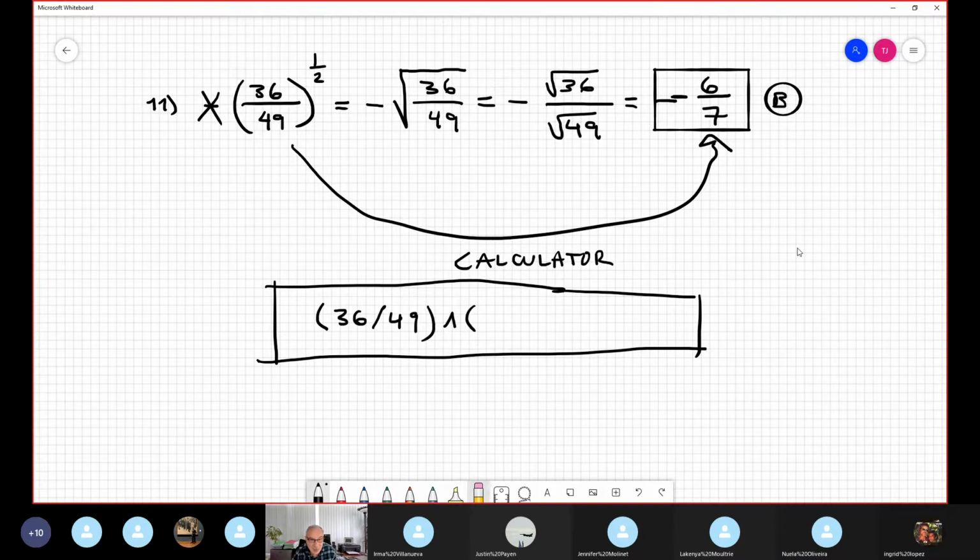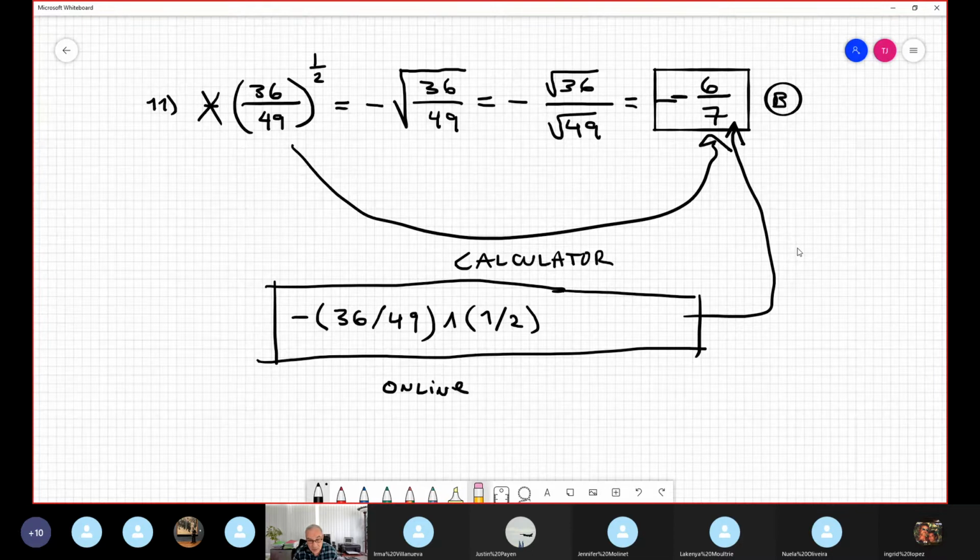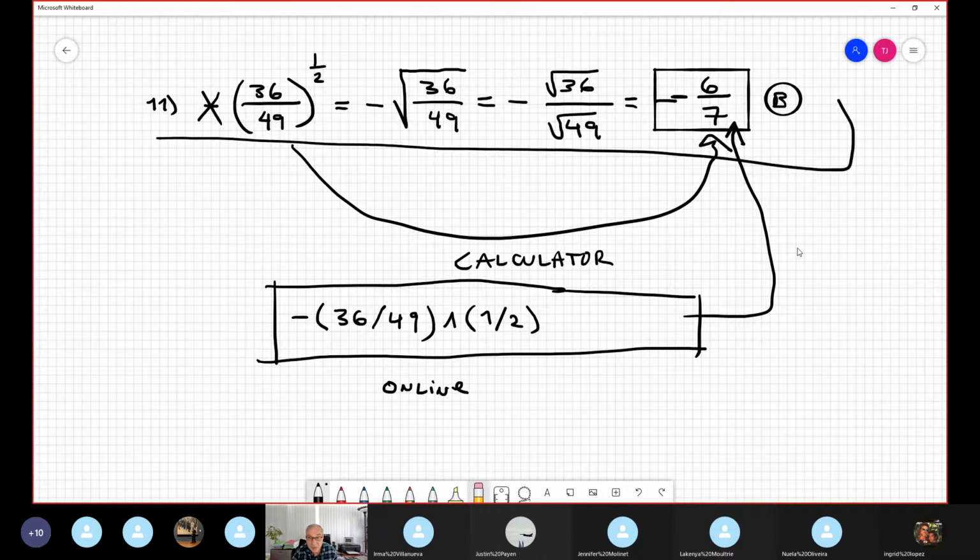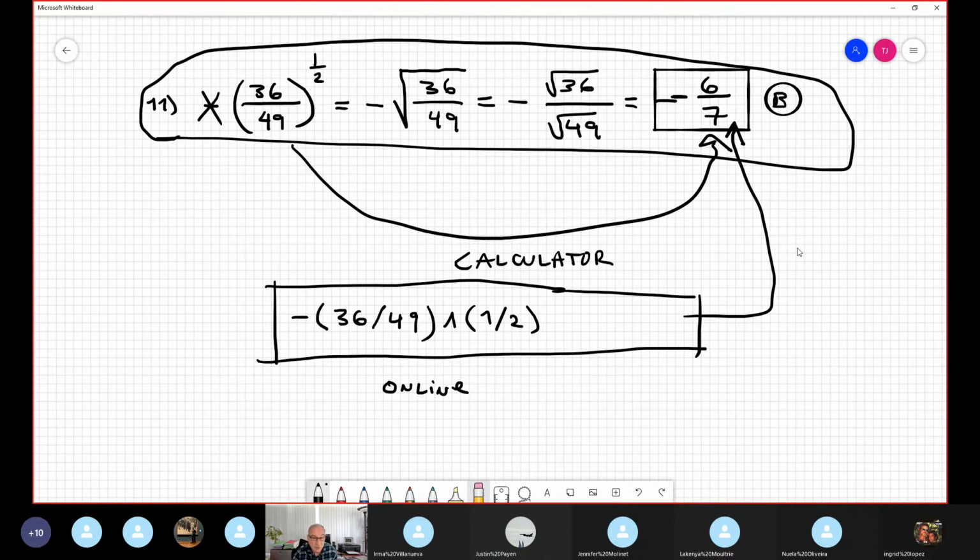And the index you put like 1/2, like that, and you press enter and you get exactly the same answer. You put a negative here. But we can use it in that way for the test online in Alex. However, in the test on paper, you need to show me the complete process. On paper, show me the work. As always. Bianca, is that okay?